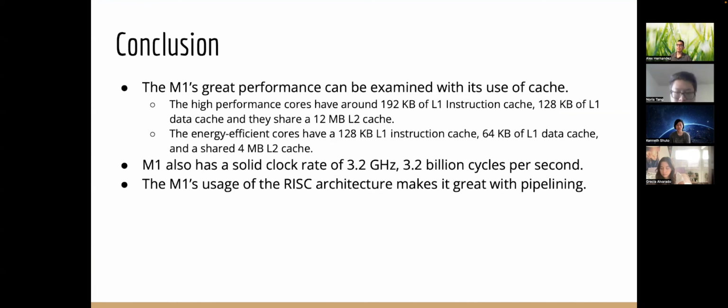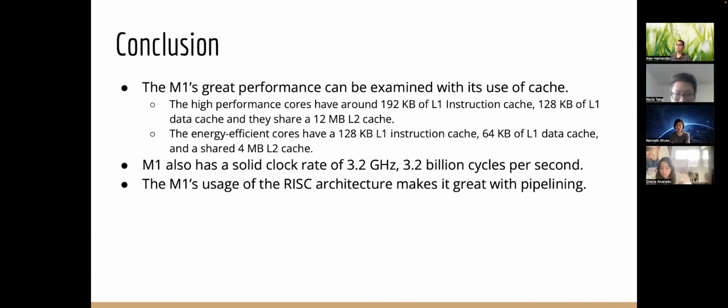And in conclusion, tying these topics with what we learned throughout the semester, we can tie the M1's great performance with its use of cache. And from research, we have found that the M1 has an unusually high amount of cache.